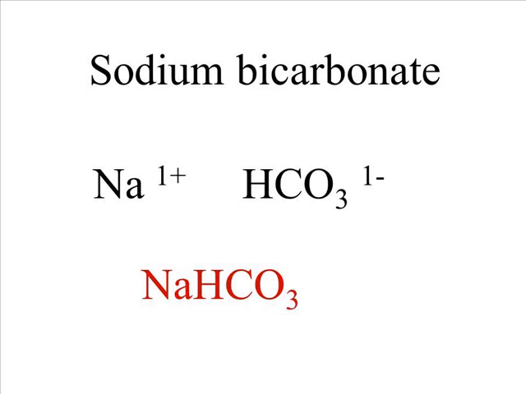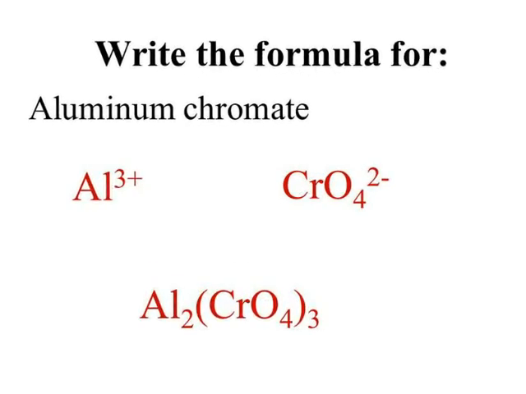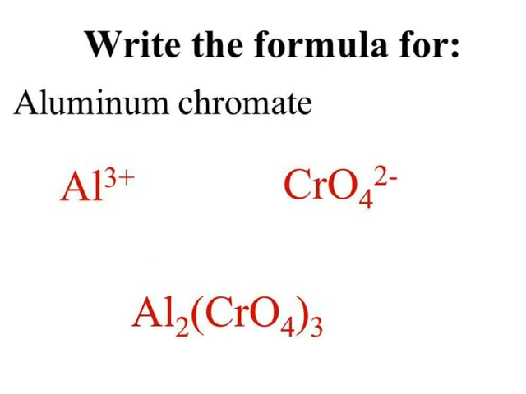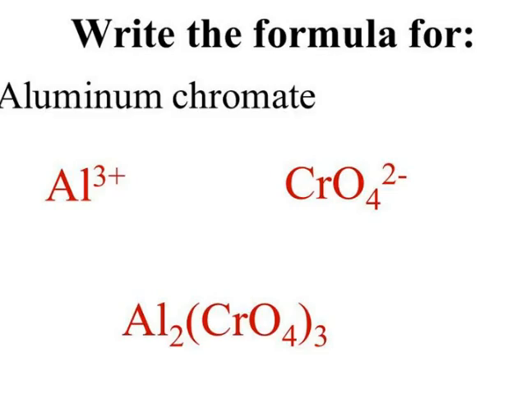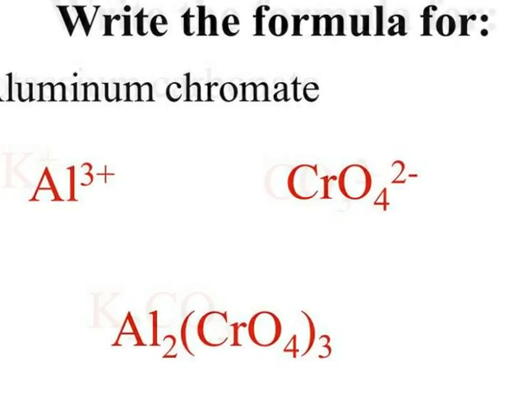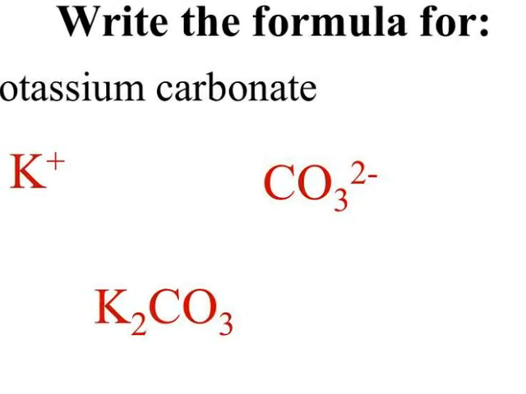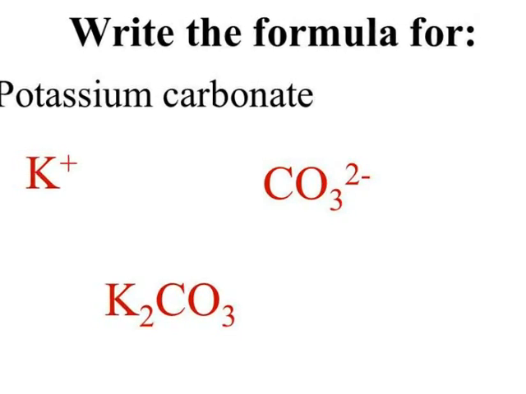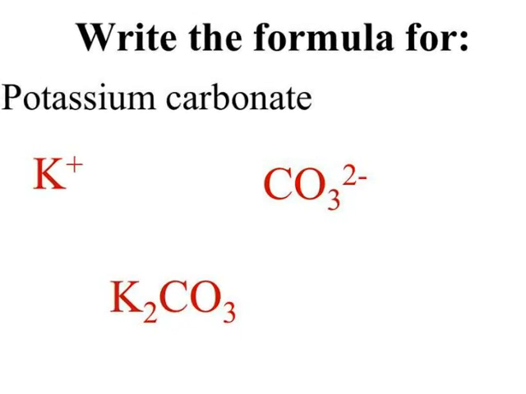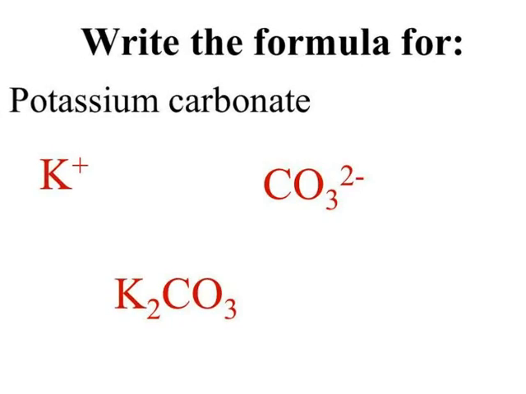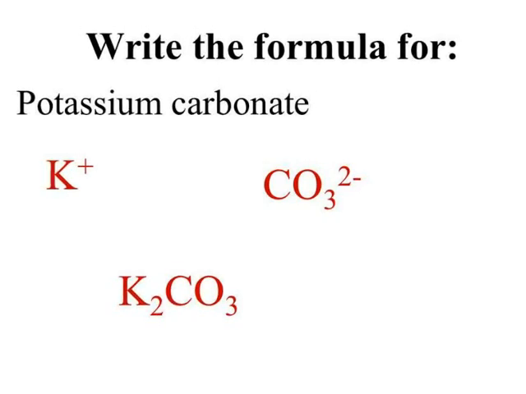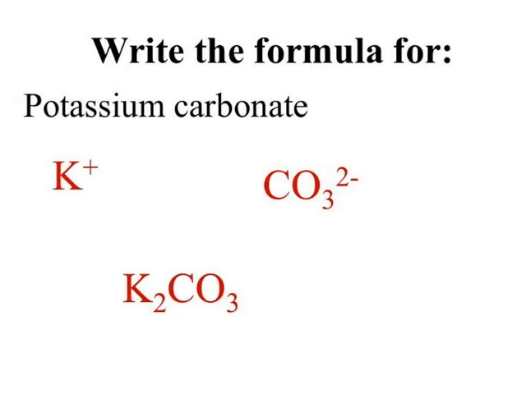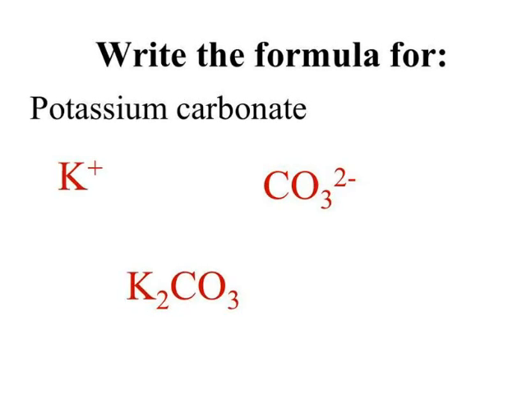The 3 remains in the bicarbonate ion. Aluminum chromate, potassium carbonate. The 2 coming down from the carbonate ion does not need to be placed in parentheses. We never put parentheses around monoatomic ions, only polyatomic ions.